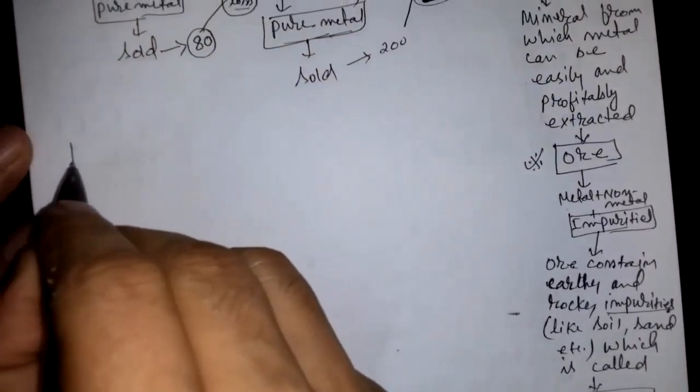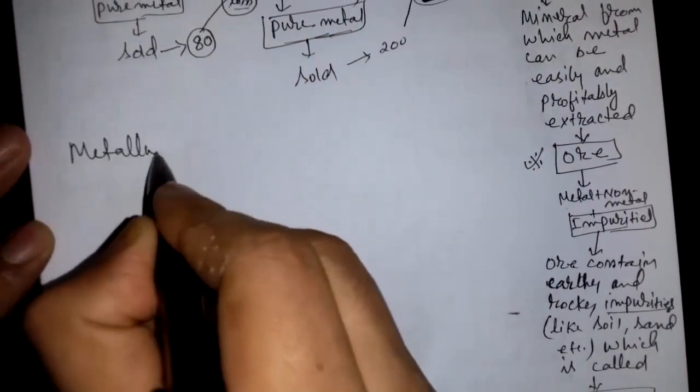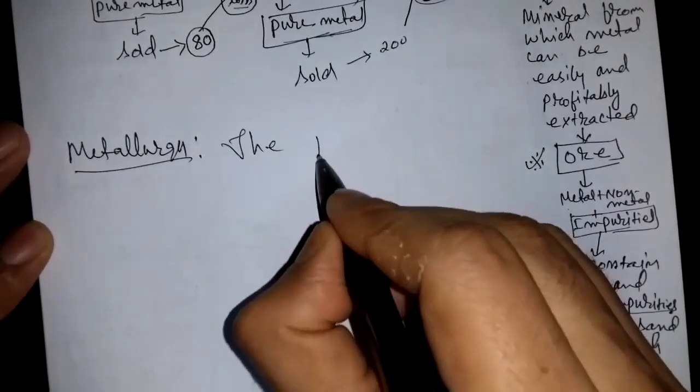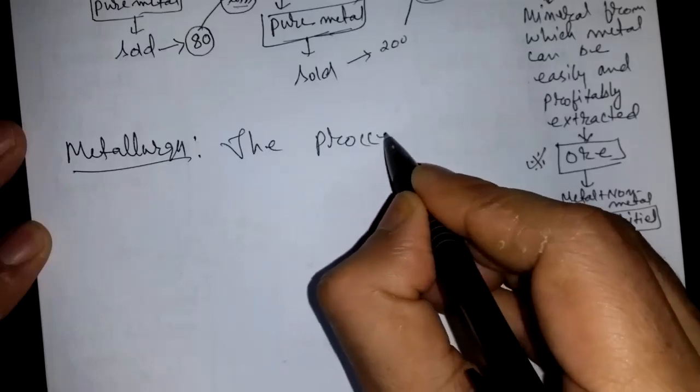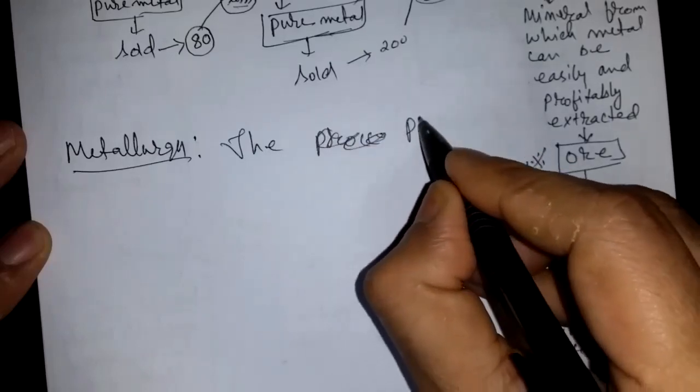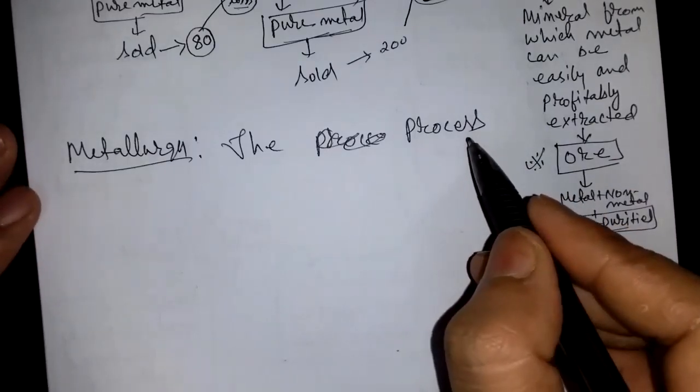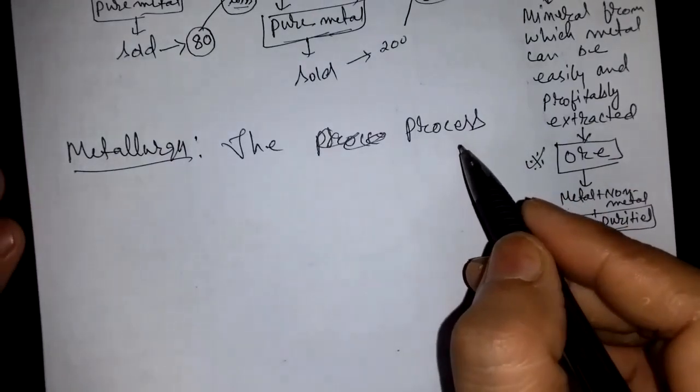So metallurgy is the process. Now when I say process, this is not one process, it is a multi-step process.